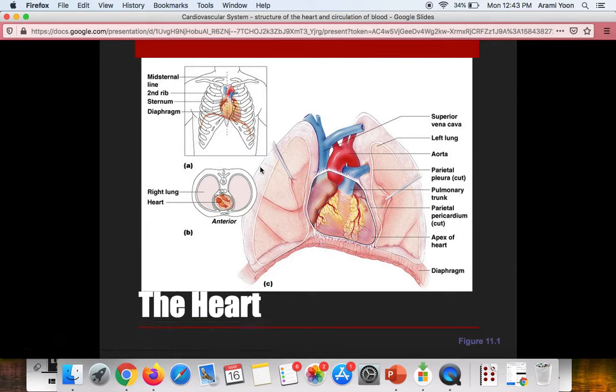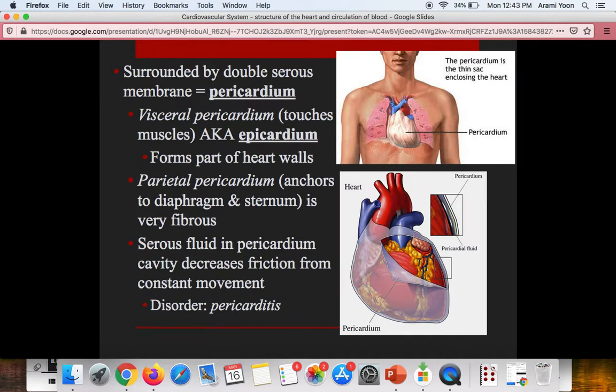So the heart is actually resting on its inferior side on the diaphragm. And then there's the apex of the heart right there. That's the pointy end of the heart. Here we have one atrium. And then over here, hidden by the pulmonary branch, we have the other atrium. And then down here, we have one ventricle and we have the other ventricle.